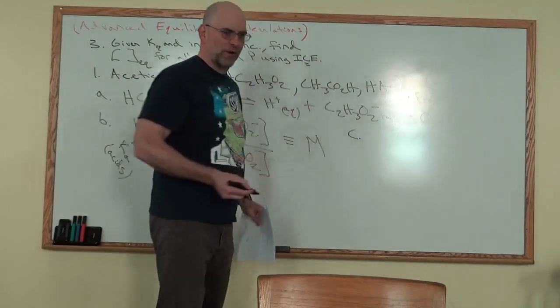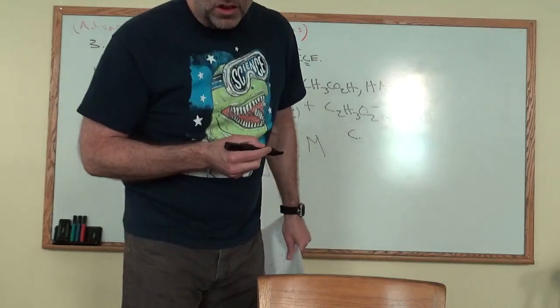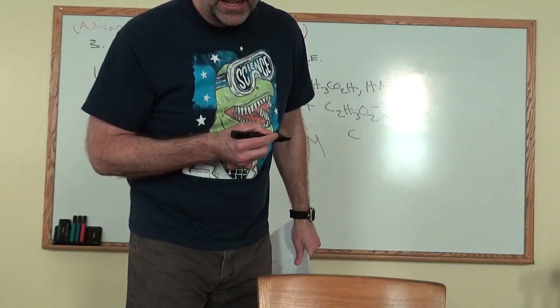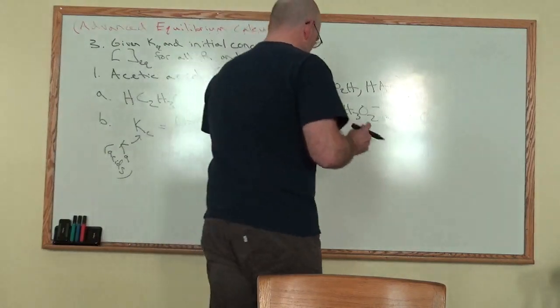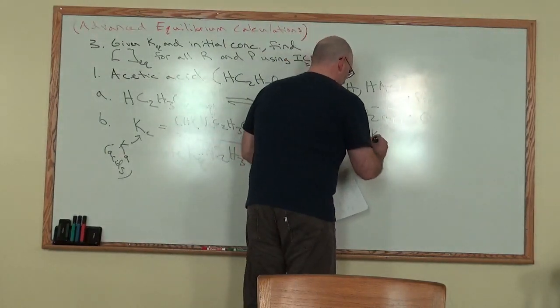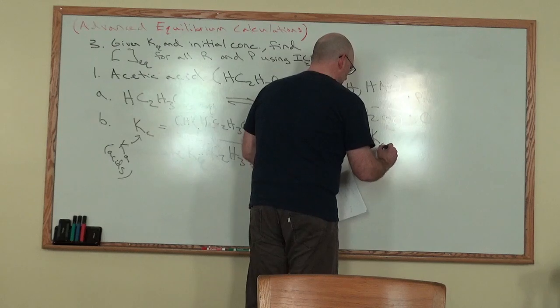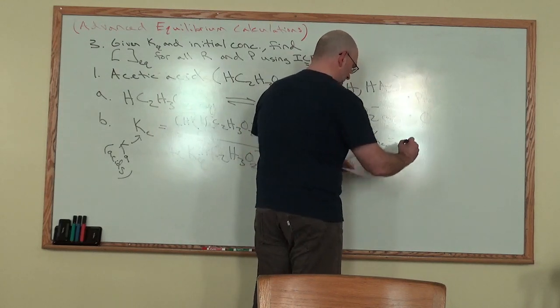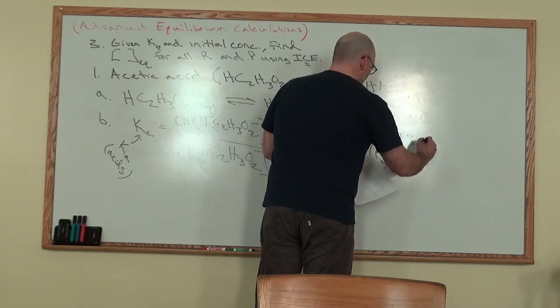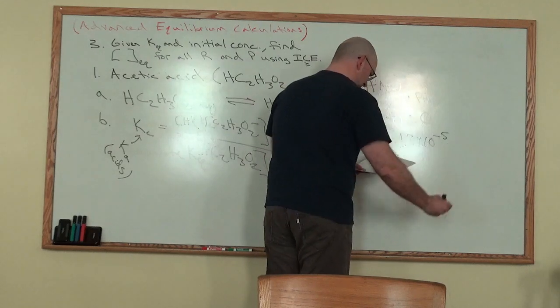Part C, I'm going to have to erase this. Based on the magnitude size of K, does it make sense that acetic acid is weak? Well, you're given the fact that Kc, or Ka, is 1.8 times 10 to the minus 5.